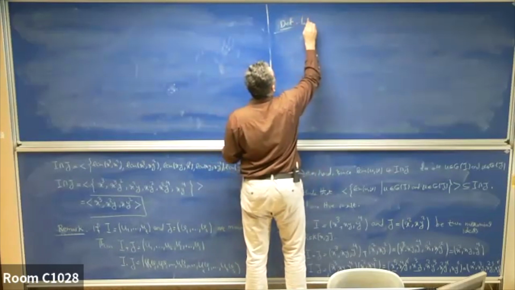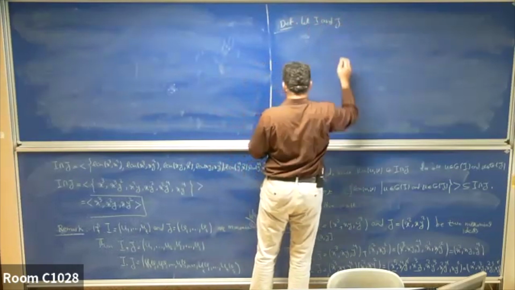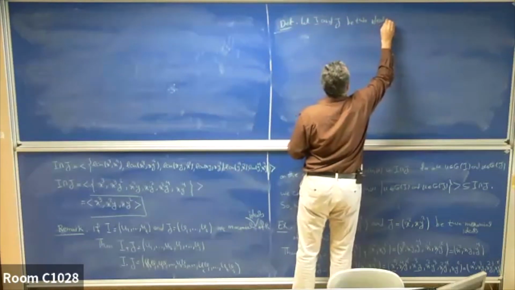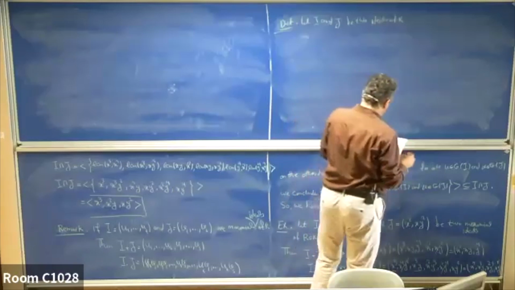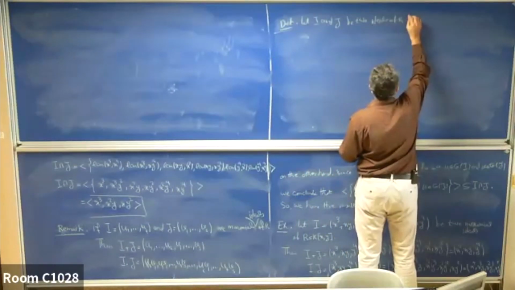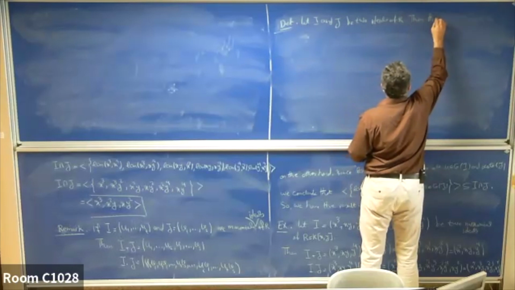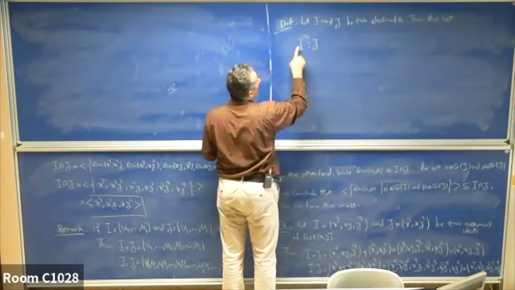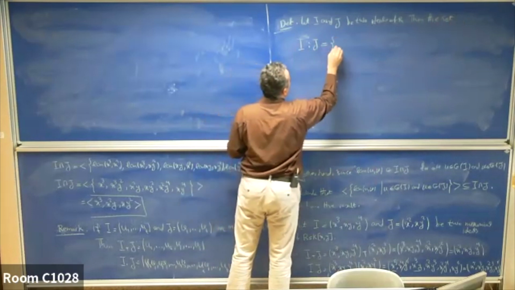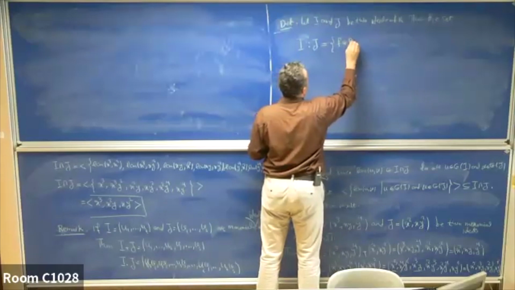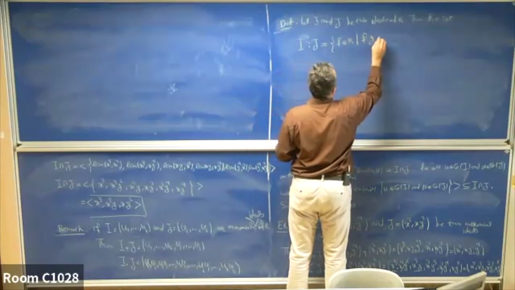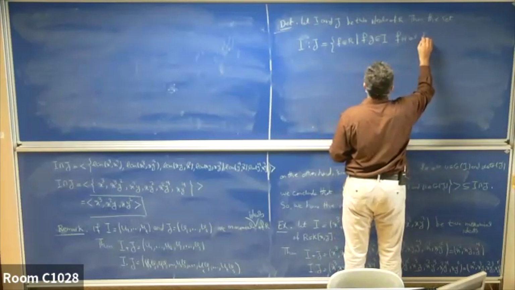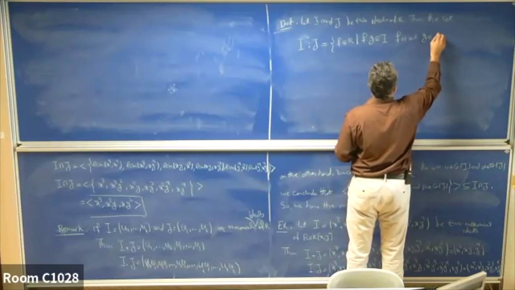Let I and J be two ideals of R. Then the colon ideal I : J, the colon of I with respect to J, is equal to all f in R such that f g belongs to I for all g in J.